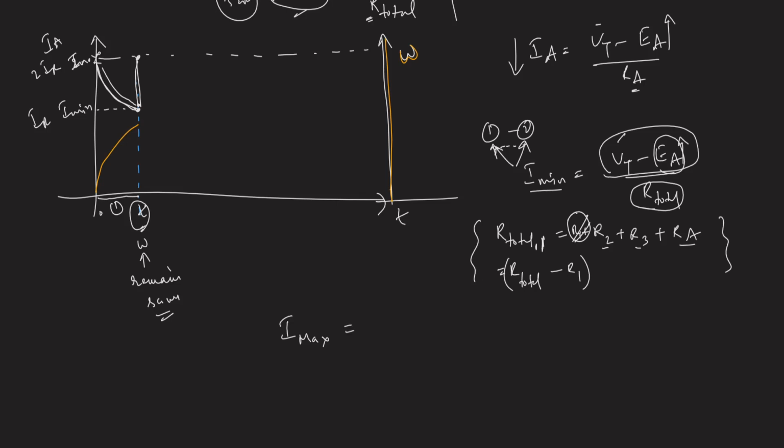Now this is equal to I maximum equals Vt minus EA by R total comma 1, because I have reduced this resistance R total to R total comma 1, that is R total minus R1. I am writing these two equations at this point, at this time instant t.